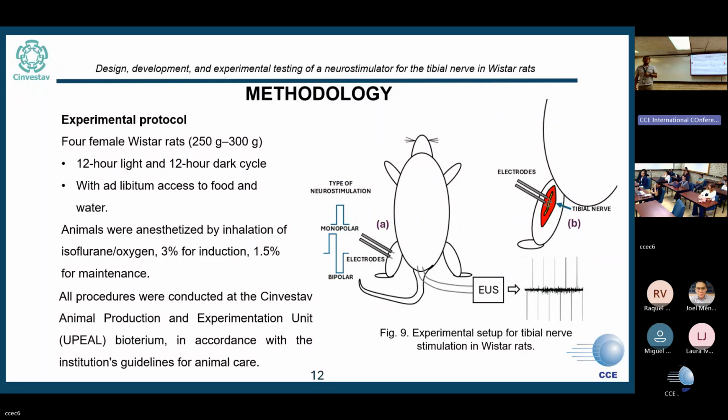For the direct nerve stimulation, we put two platinum electrodes over the nerve, the tibial nerve. For that, we use a surgical procedure to access the tibial nerve, and at the same time, we use two electrodes to obtain the electromyography recording from the urethral sphincter of the rat.